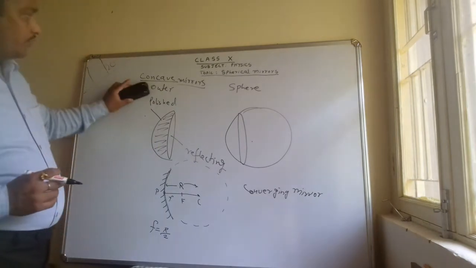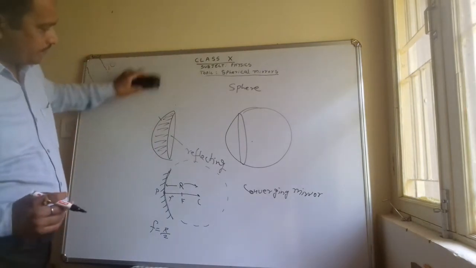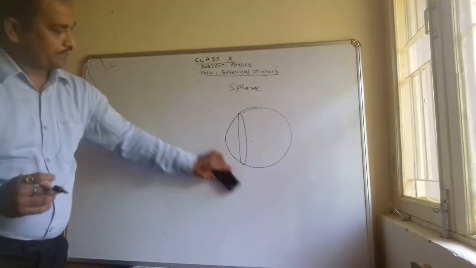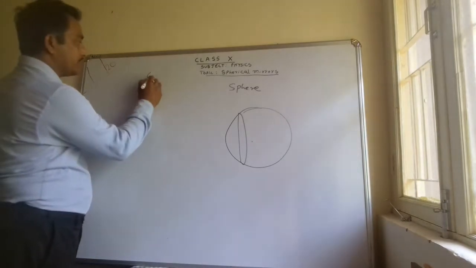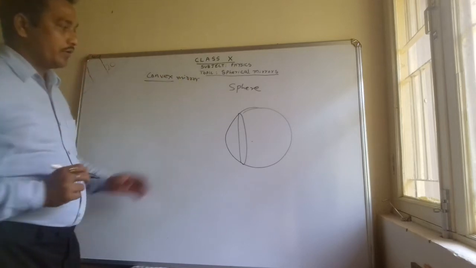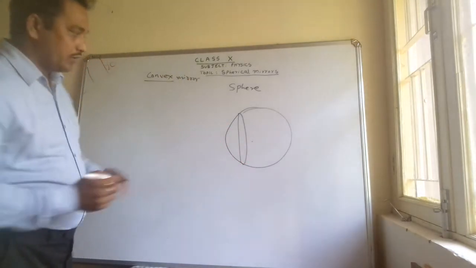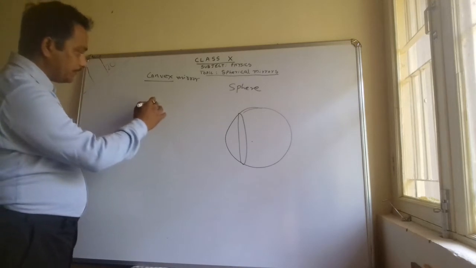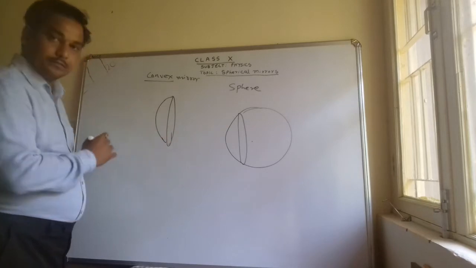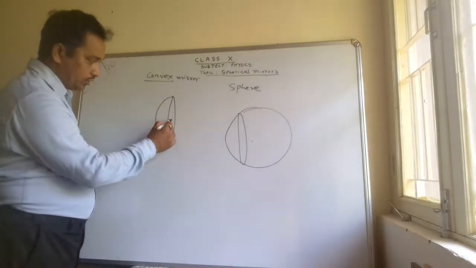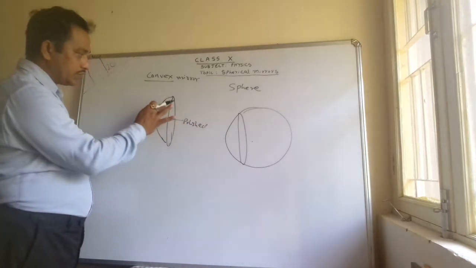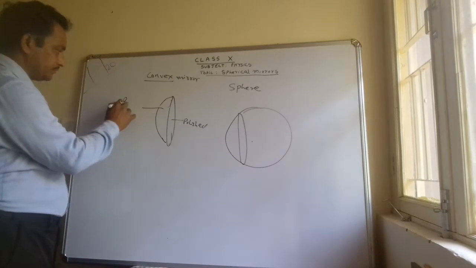How will it be? So a convex mirror will be formed when the cut part of this sphere, for example here, inner part is polished, however the outer surface, this one is the reflecting surface.